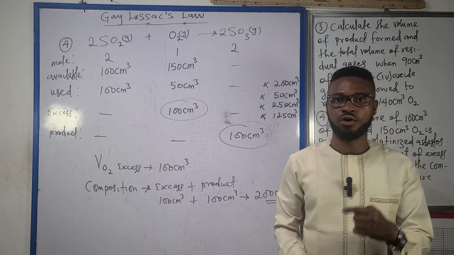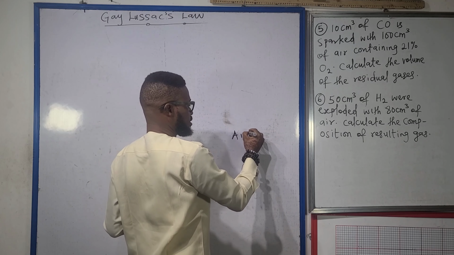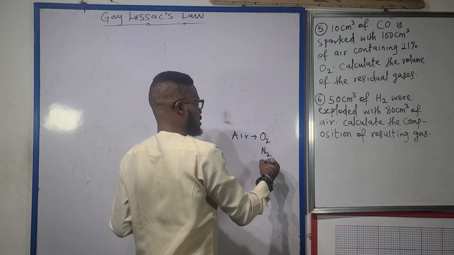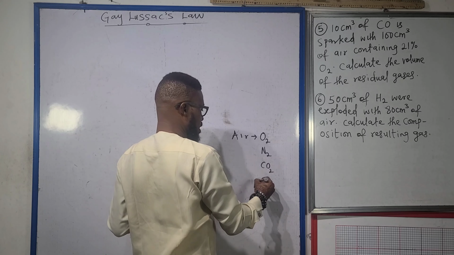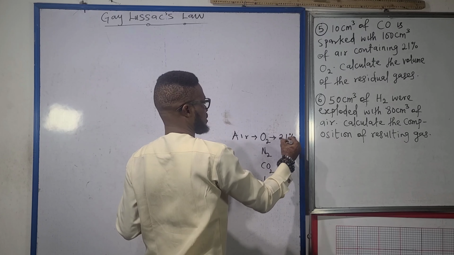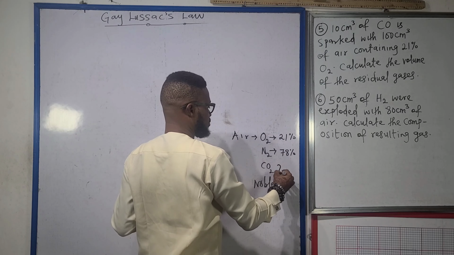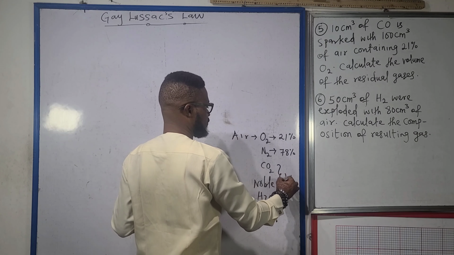Moving on to question 5, when we talk about air, it contains oxygen, nitrogen, carbon dioxide and the noble gases. Oxygen is 21%, nitrogen is about 78%, and the rest, including water vapor, makes up about 1%. We need to take note of that.